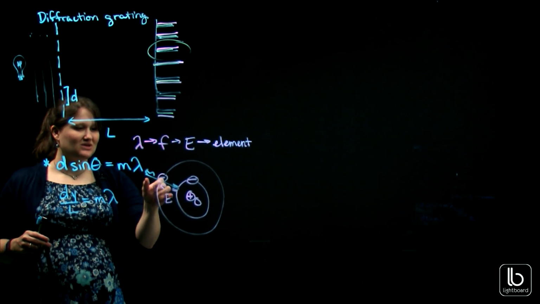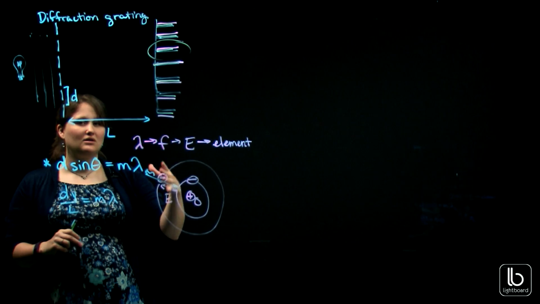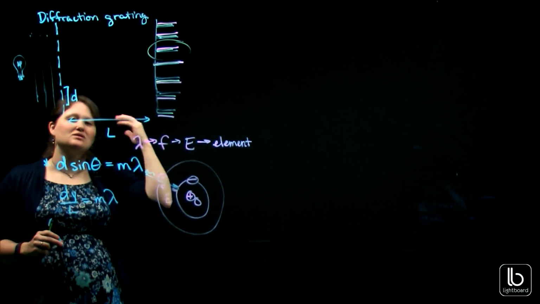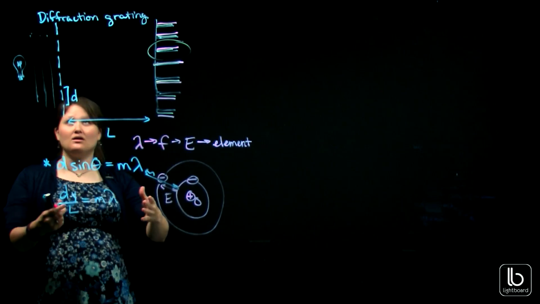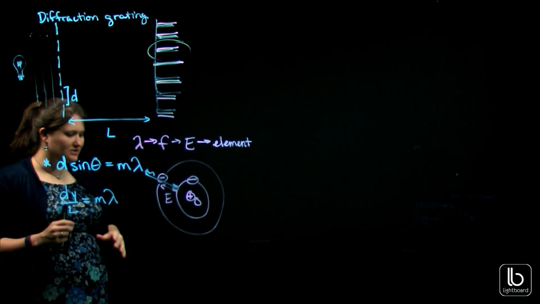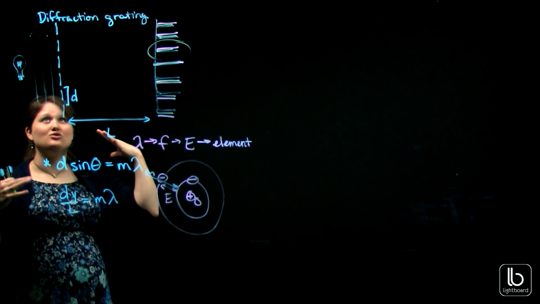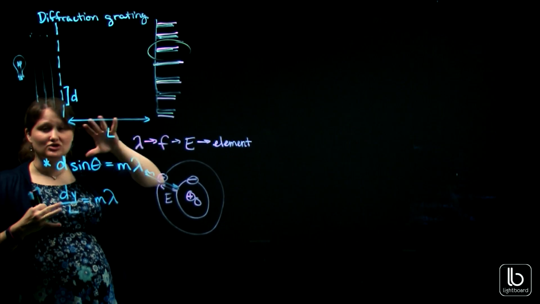We have specific energy amounts for specific elements, which then are going to produce specific colors that we can see when we use a spectrometer, a diffraction grating. So ultimately, that is a huge benefit and application of diffraction.